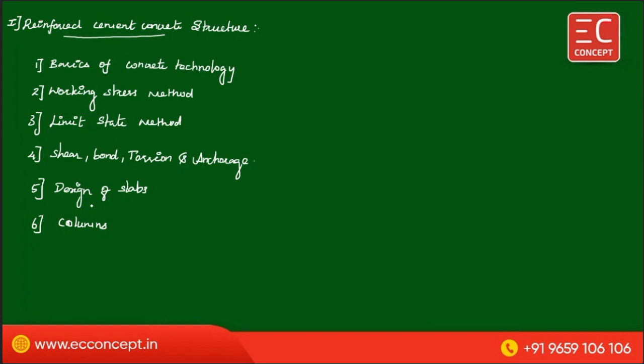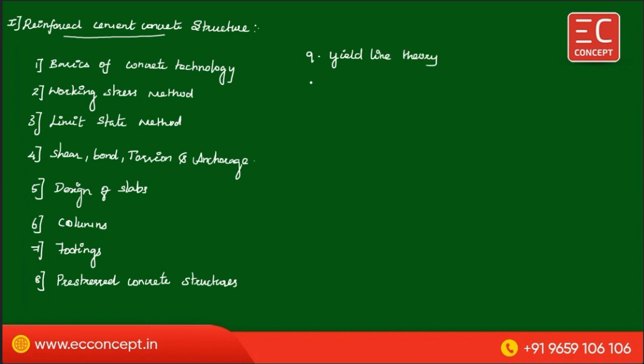And the seventh one is footings. Eighth one is pre-stressed concrete structures, and the ninth one is yield line theory, and the 10th one is water tank, 11th one is retaining wall.